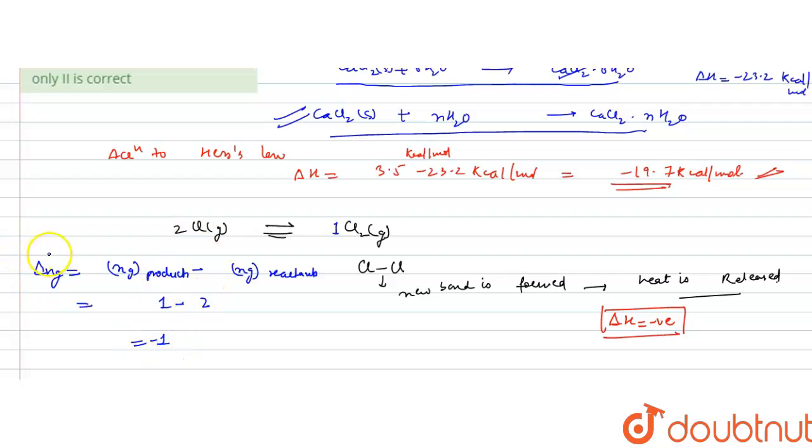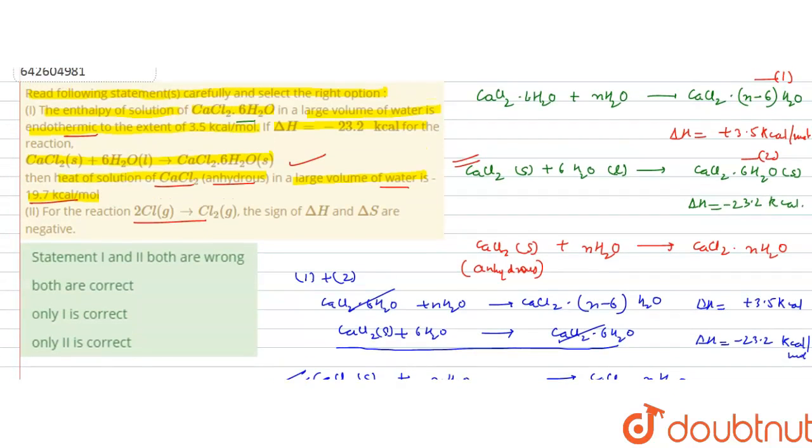If Δng is negative, then ΔS will be negative, because ΔS depends upon the number of gaseous moles present. If the gaseous moles are high, the disorder will be high, and if the gaseous moles are less, the disorder will decrease. So ΔS will decrease as Δng is minus 1. So this is also correct: both ΔH and ΔS are negative. So both these statements are correct.